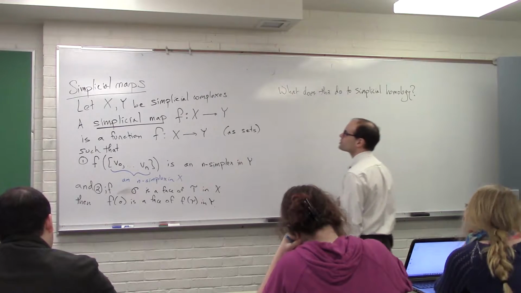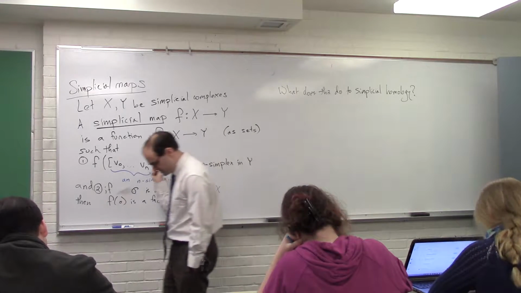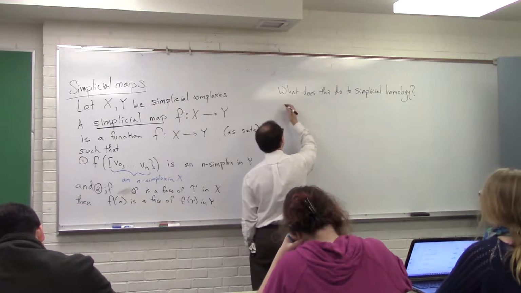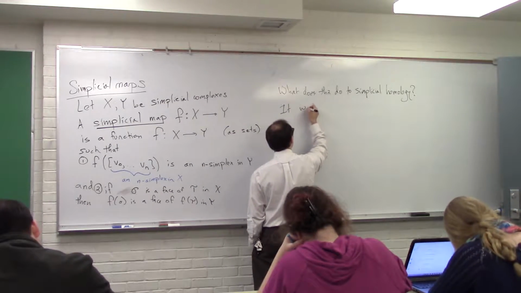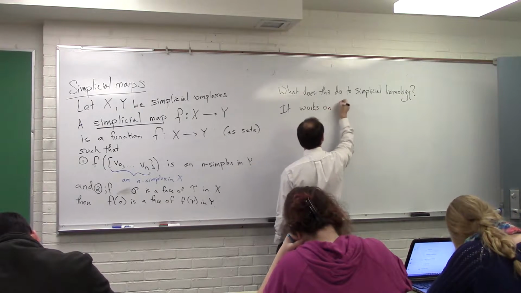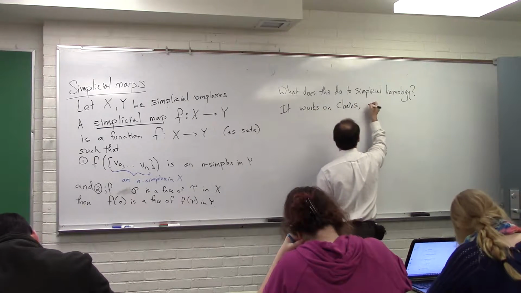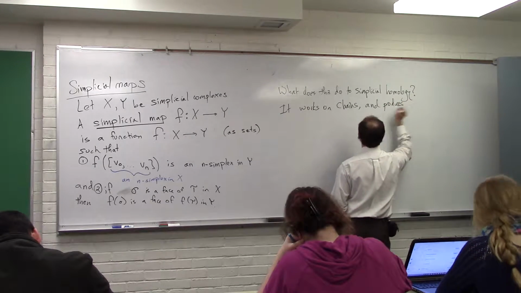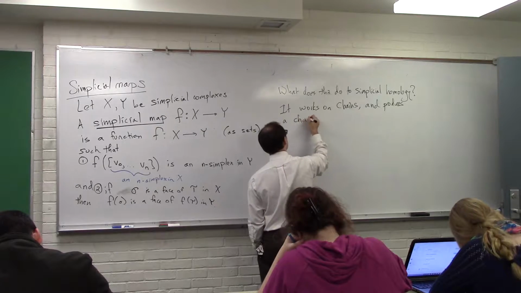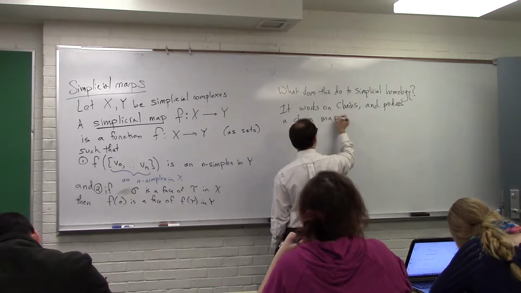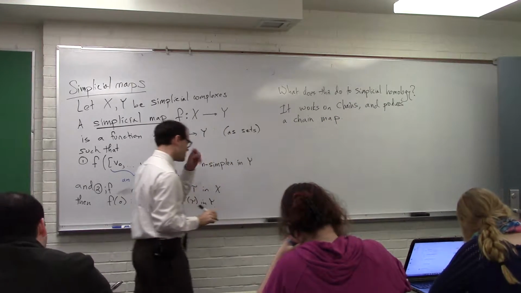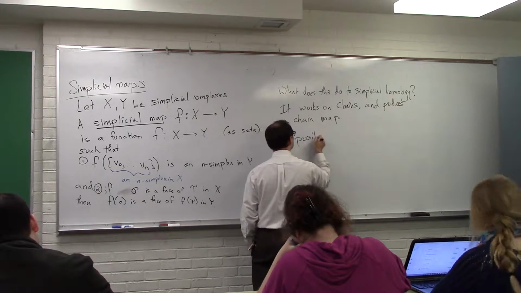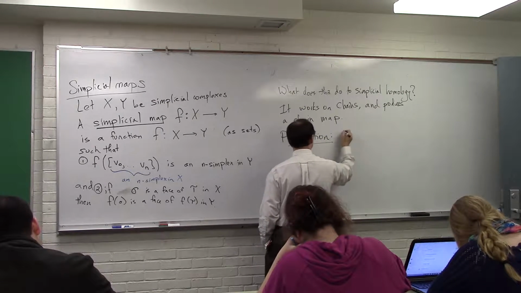All right, so what does this do to simplicial homology? Well, the way to think about this is it does something on the level of chains. So it works on chains and produces a chain map, and I'll explain how. So, in particular, we will prove the following proposition.